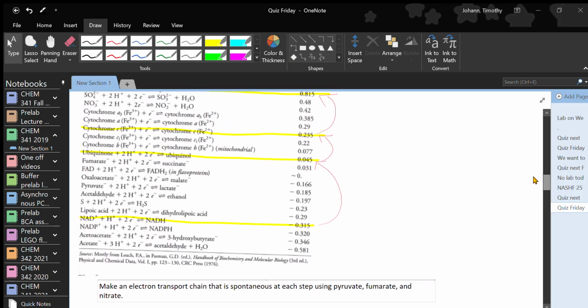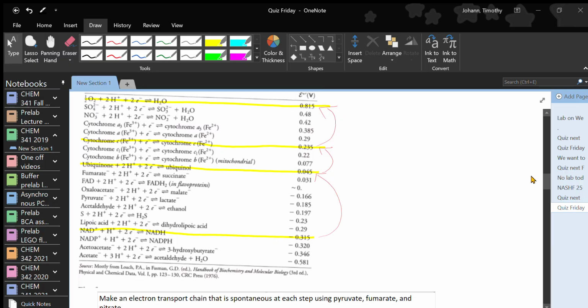All right, and so you can use this. I don't know how well, can you see that well enough? So give me 2 complexes, complex 1 and complex 5. Yeah, because it's not a real electron transport chain anyway.